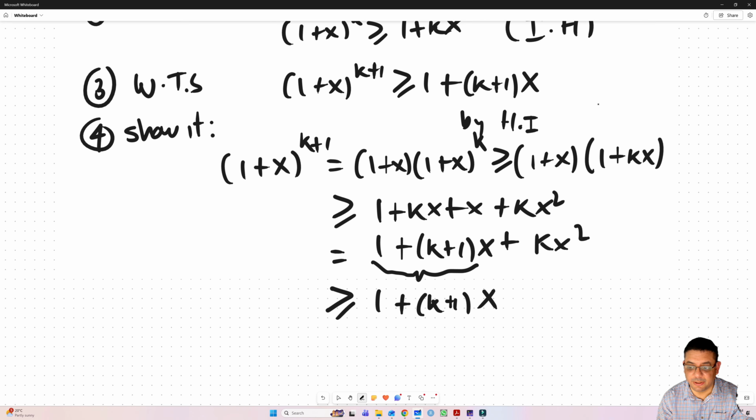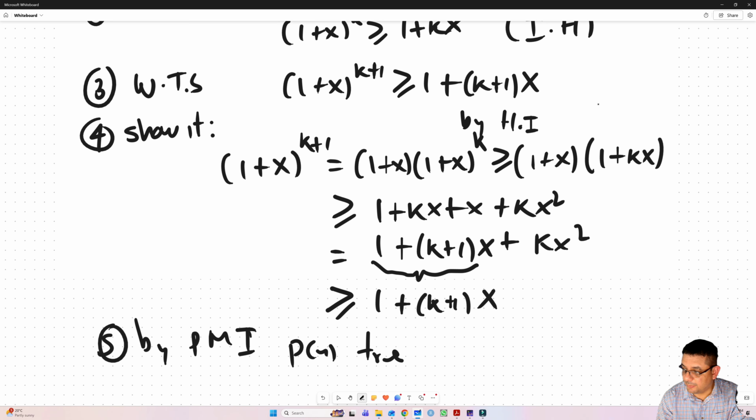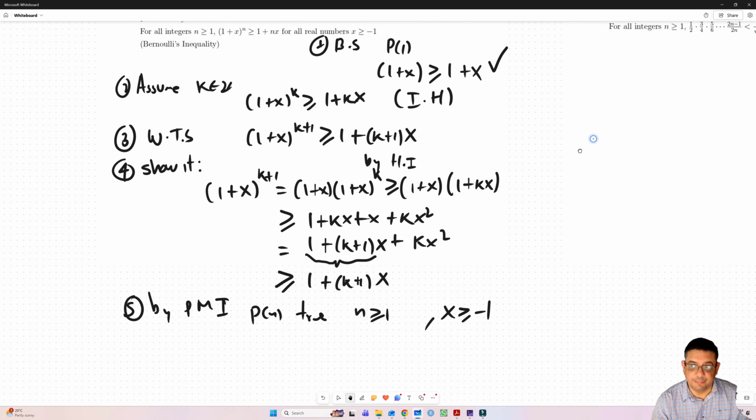So we're done with what we wanted to prove. So step 5, by the principle of mathematical induction, we have that P of n is true for all n bigger than 1. And of course, in this case, x bigger than minus 1, because that's a condition of our particular problem.